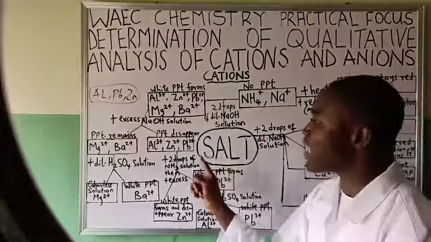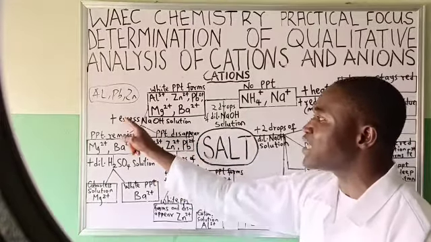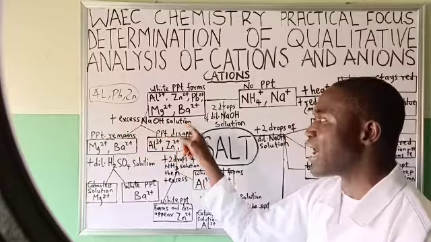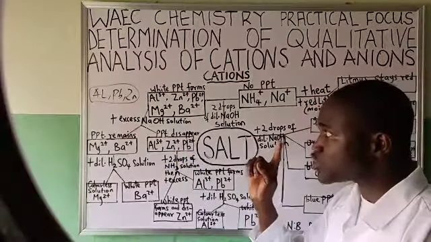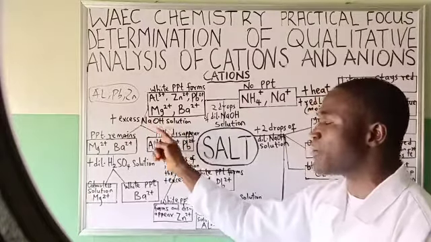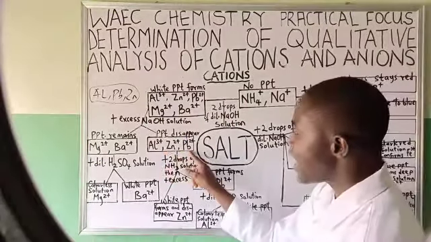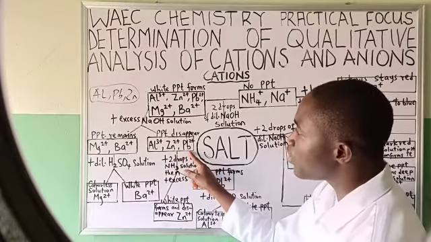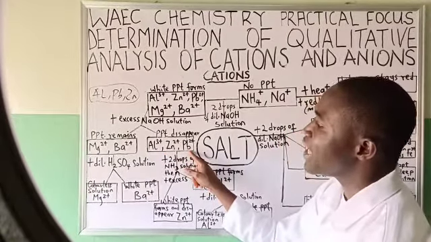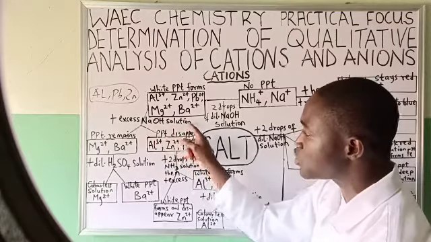We have also realized that aluminium, zinc, and lead are very soluble in excess sodium hydroxide solution, but insoluble in drops of sodium hydroxide solution. These are not soluble in drops of what? Excess drops of sodium hydroxide solution.